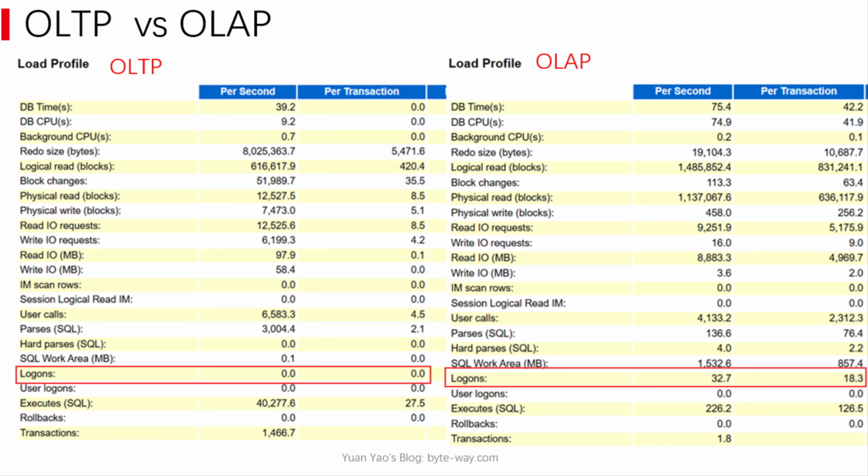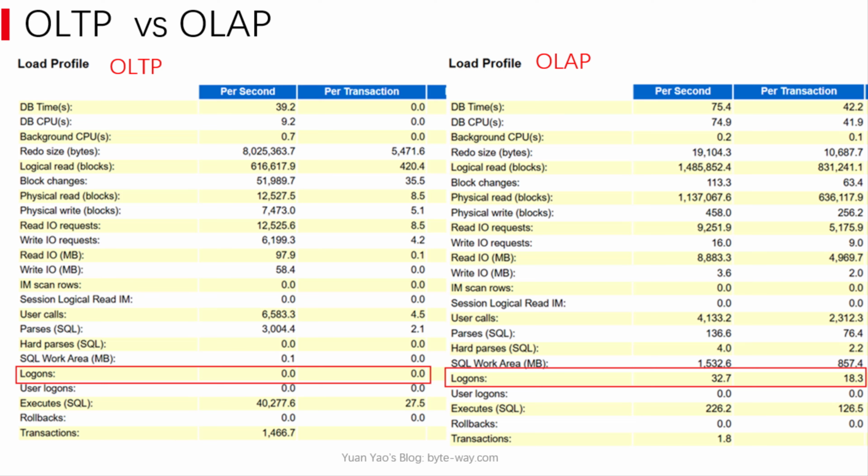These applications deal with a large number of short, real-time transactions, things like banking or e-commerce, where every click or payment has to be processed right away. OLAP, on the other hand, stands for Online Analytical Processing. These applications are designed for heavy analytical work, running complex queries on large amounts of historical data, for example, business intelligence dashboards or company reports.